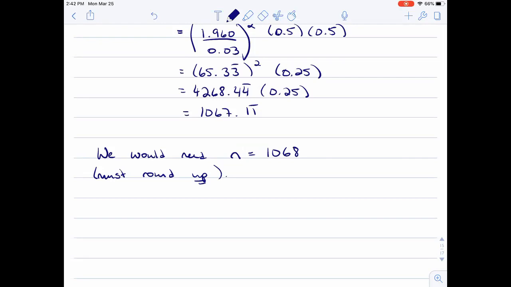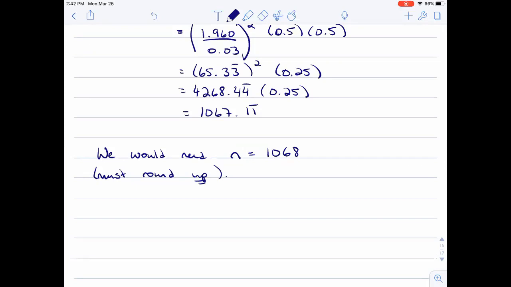So that goes in general: if you want a 95% confidence level for your proportion and you want a 3% margin of error, regardless of what you're estimating, you need a sample size of 1,068. All right, any questions about that one?